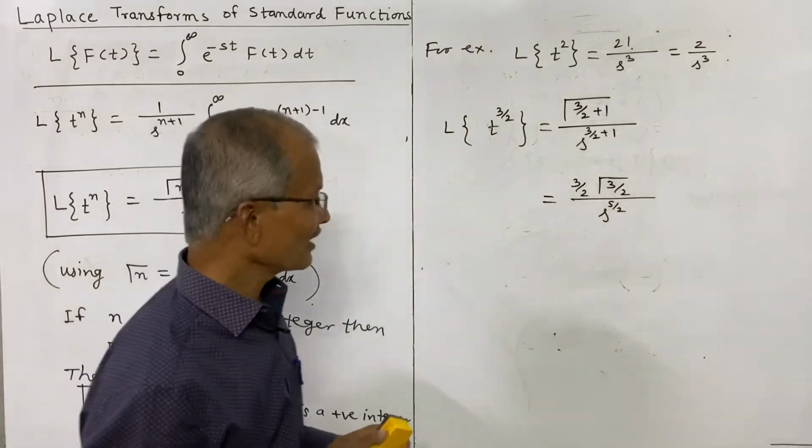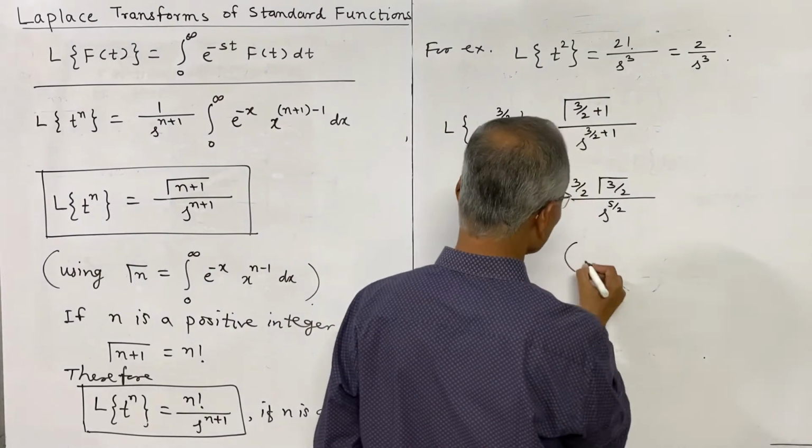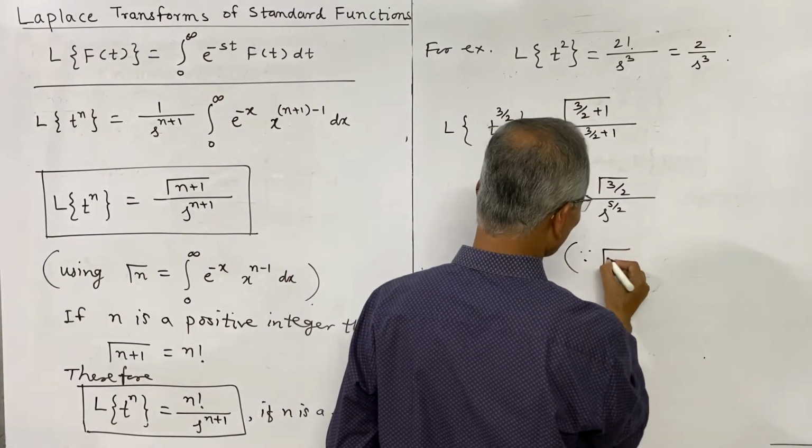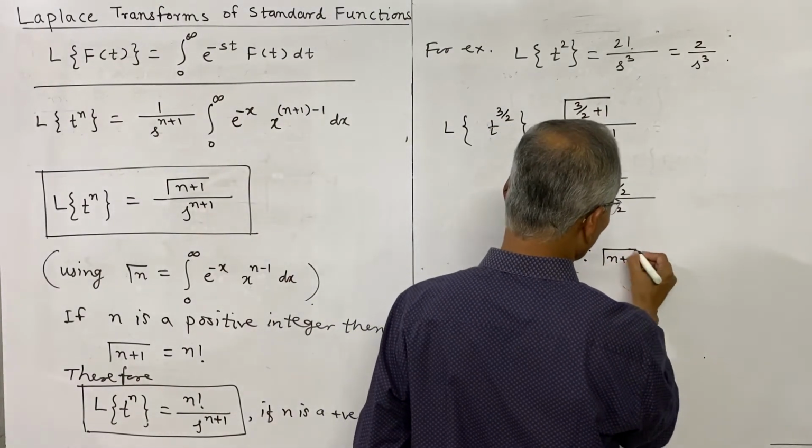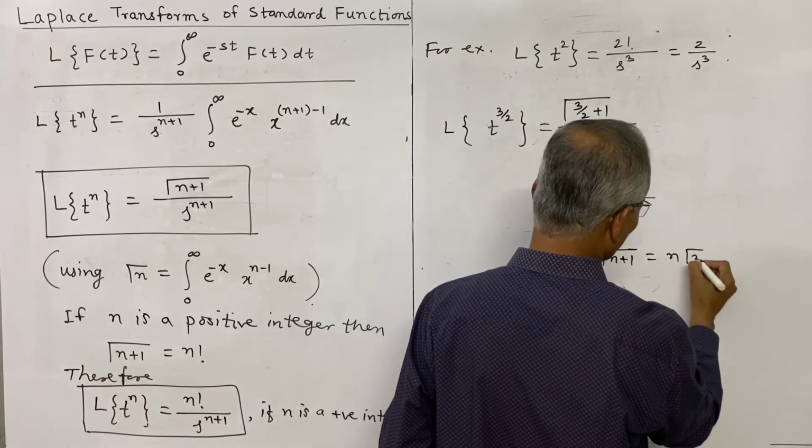gamma of 3 by 2 can be reduced. That is a property of the gamma function, since gamma of n plus 1 is n into gamma of n.